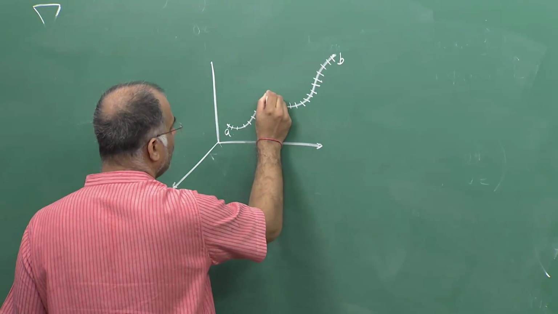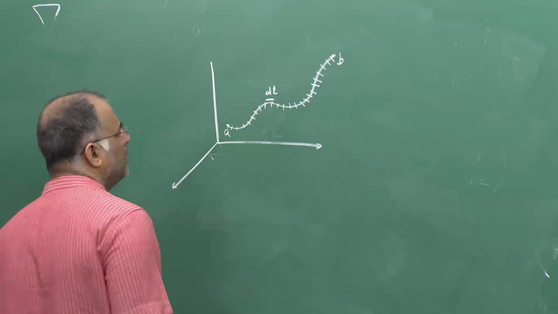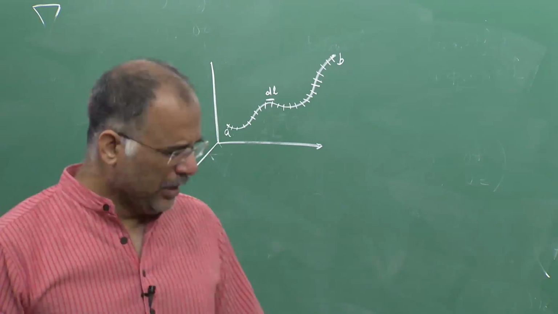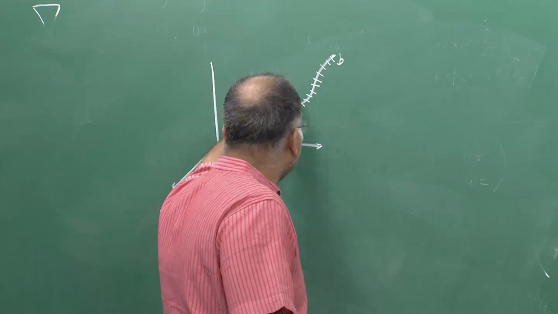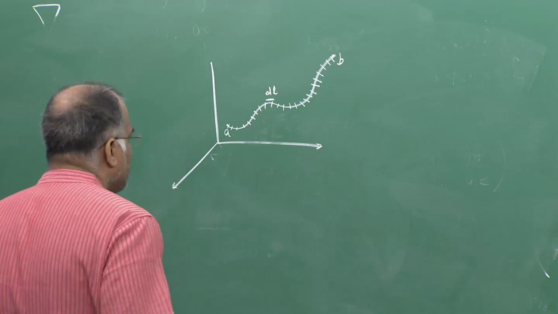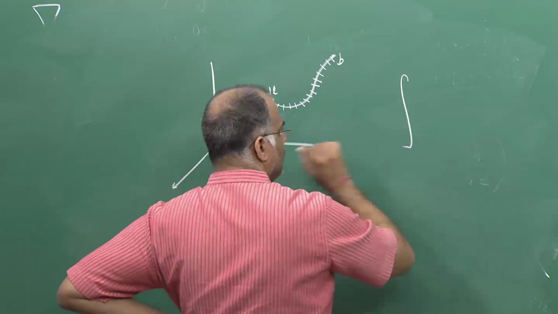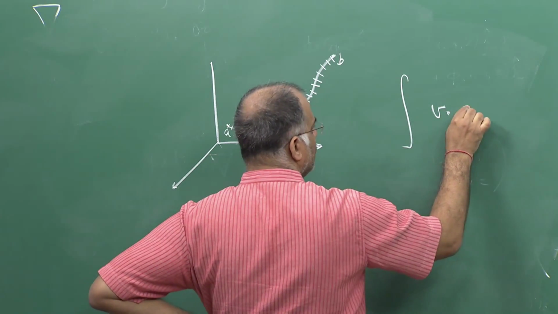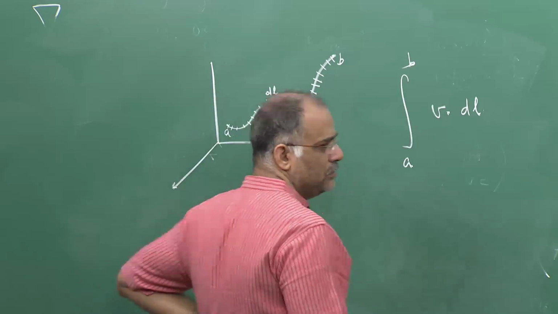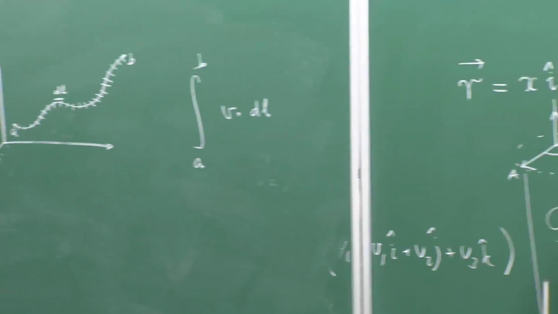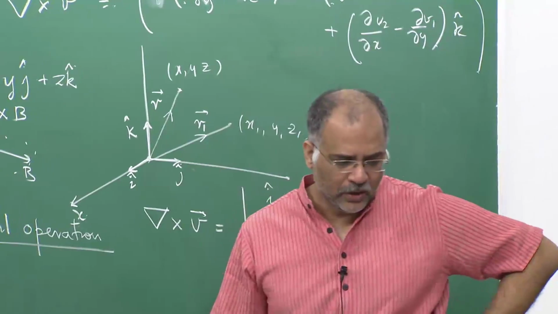This is the elemental interval which I call dl, the line element. So, basically I am looking at the integral of v dot dl from point A to point B. This is what I am really trying to figure out.